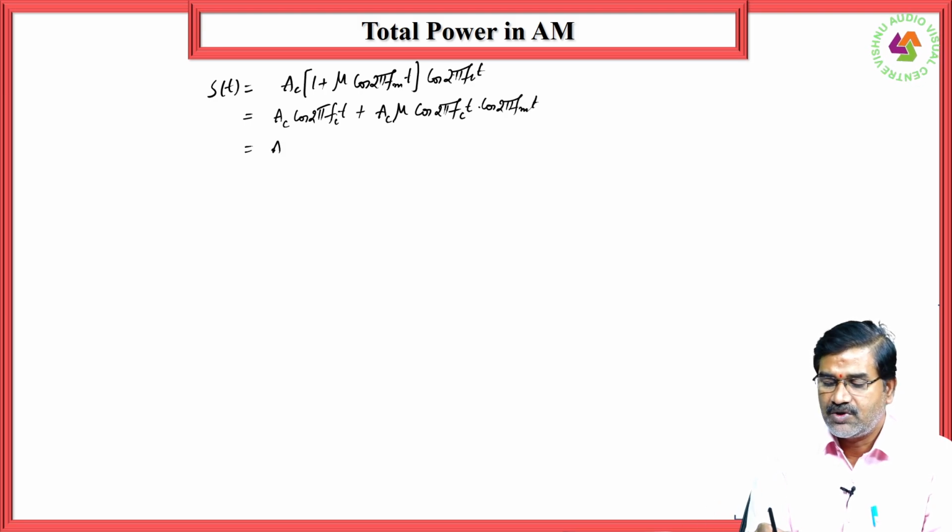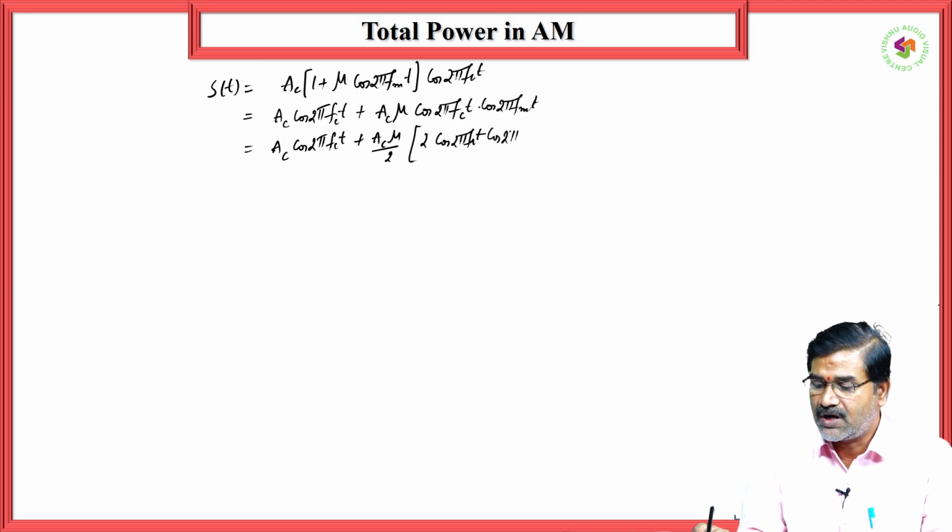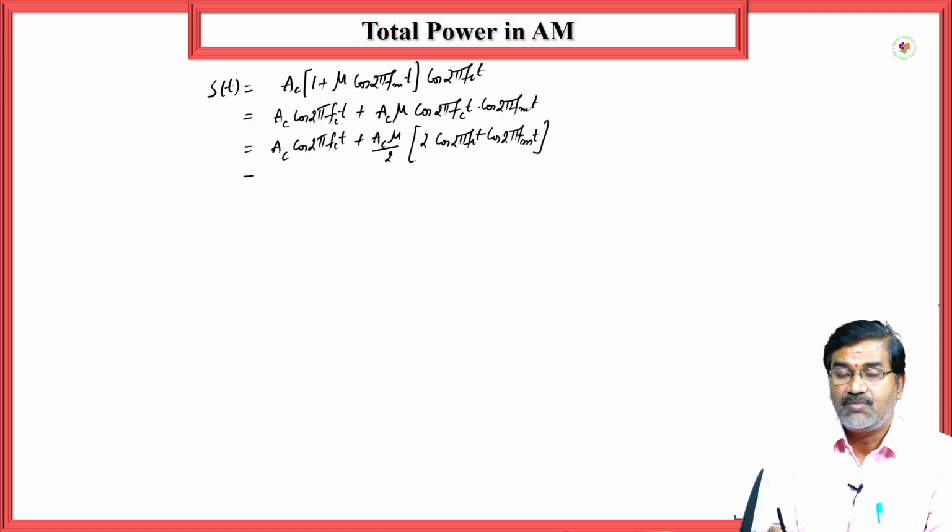So now this can be written as Ac cos 2 pi fc t plus Ac mu by 2 into 2 cos 2 pi fc t into cos 2 pi fm t. This is the 2 cos A cos B formula.